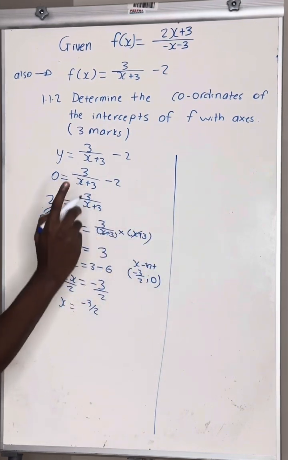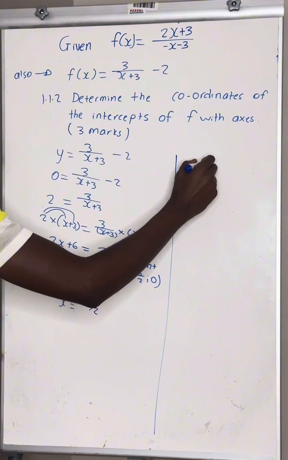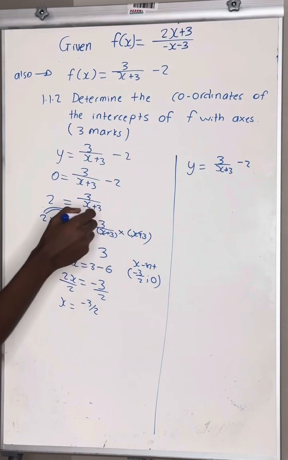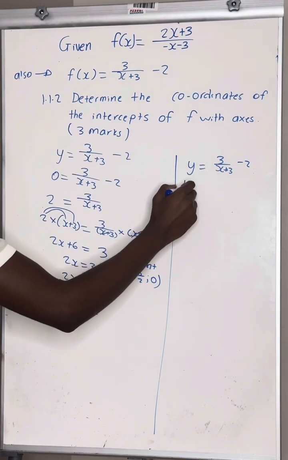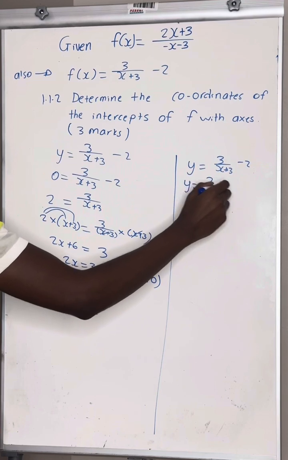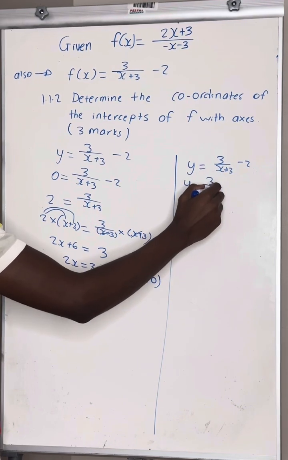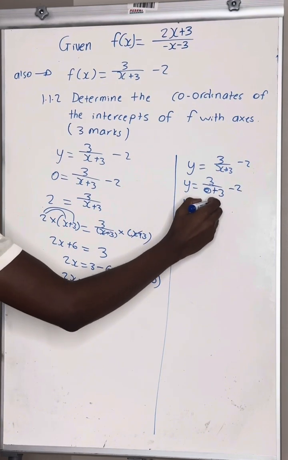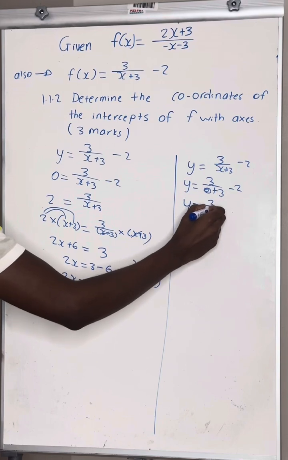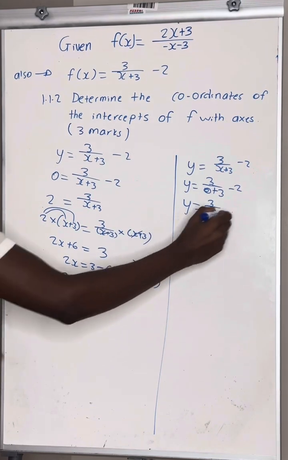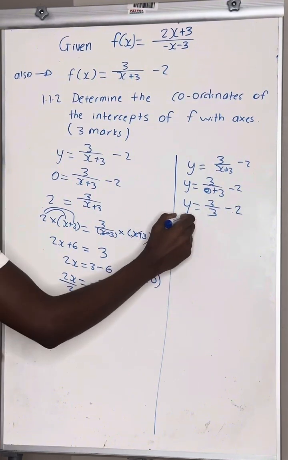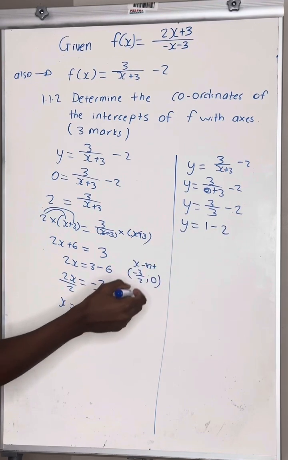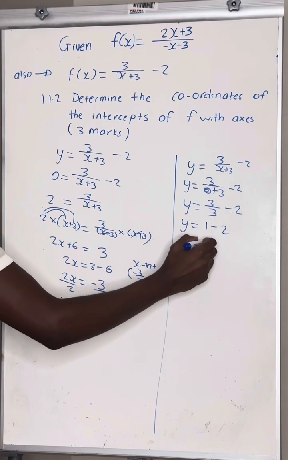Now let's solve for the y-intercept. Again, y is equal to 3 all over x plus 3 minus 2. Now in the y-intercept, x is always equal to 0, so y is equal to 3 all over 0 plus 3, and then minus 2. y is equal to 3 all over 0 plus 3, that is 3, and then minus 2. y is equal to 3 over 3, that is 1, and then minus 2. y is equal to 1 minus 2, that is negative 1.